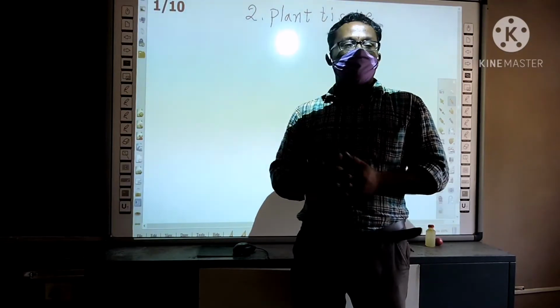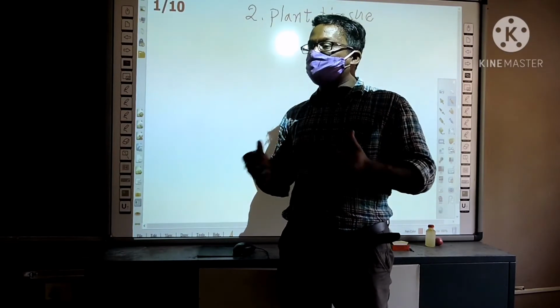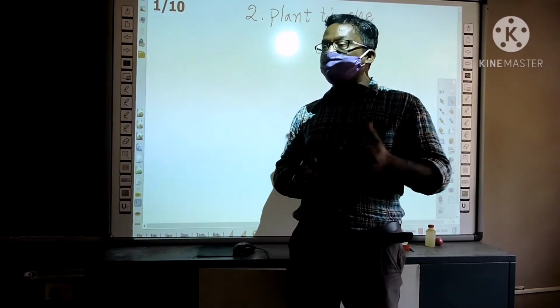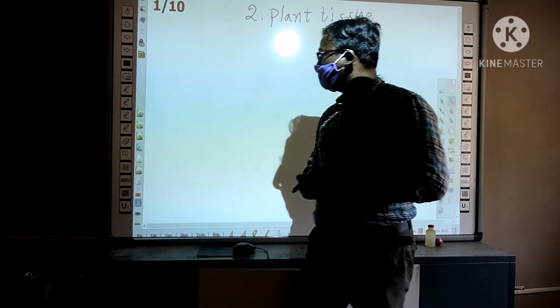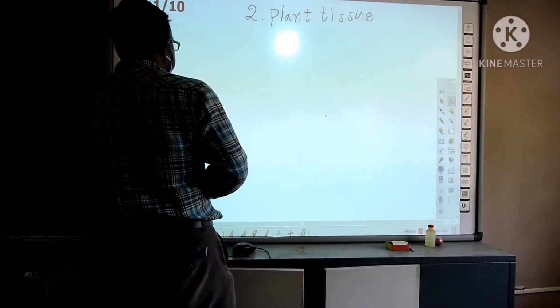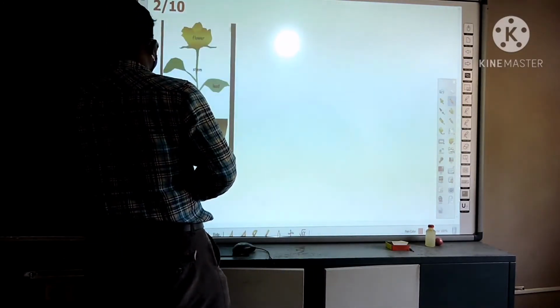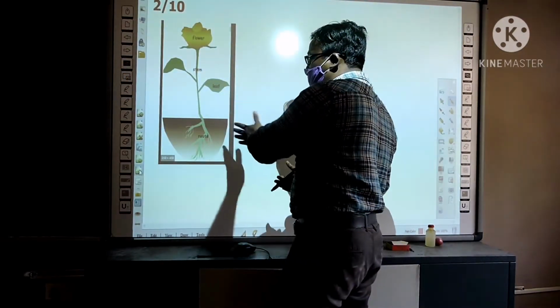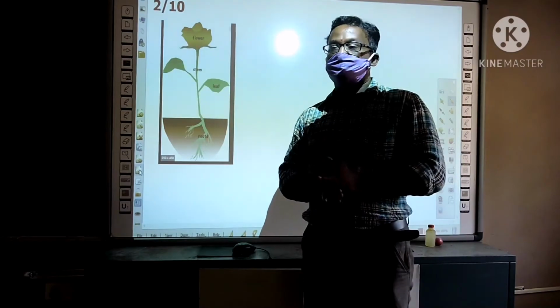For example, you have learned some activities like photosynthesis and absorption of water through roots in previous classes. If you take the plant parts, which parts absorb the water?